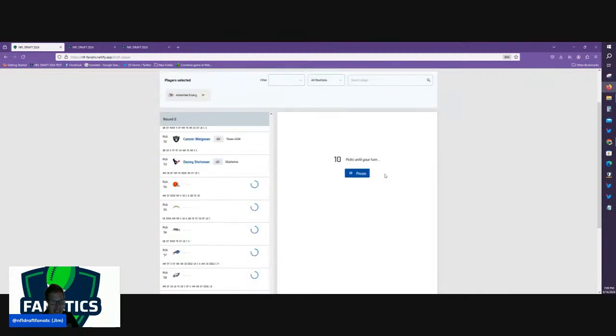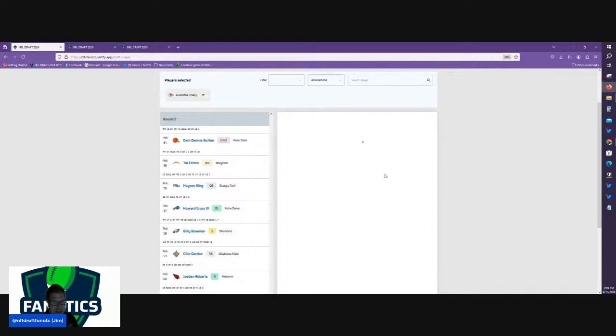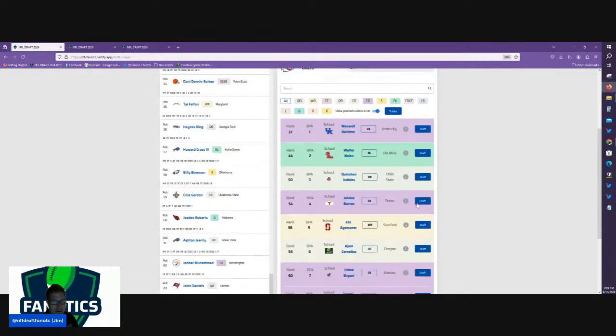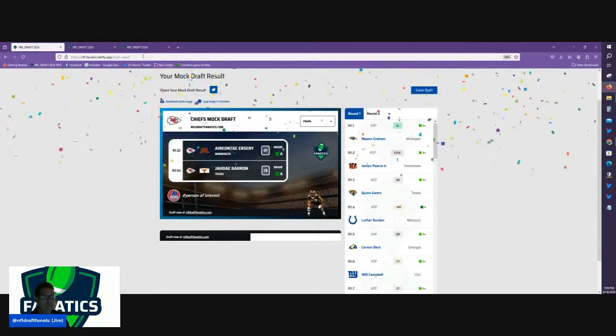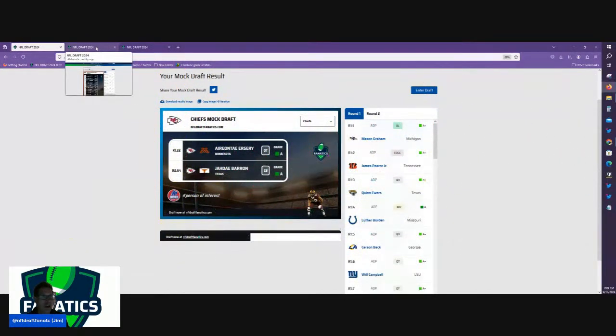I'm going to finish my Kansas City mock draft here. Okay. Every mock, so the mock I just did for Kansas City, Ursari's moving up and Yade Barron is moving up. Okay. The players I don't pick move down. So as I do a mock for Kansas City, those player boards move.